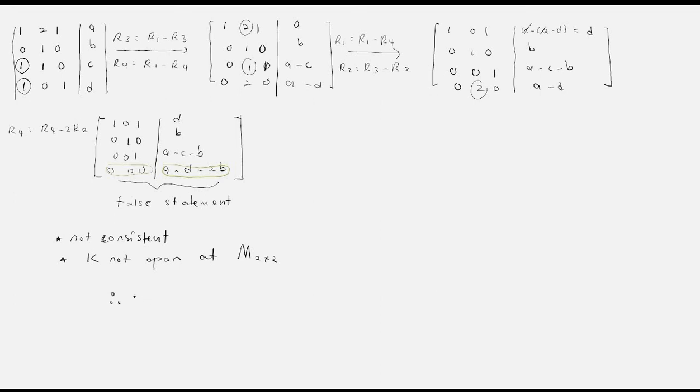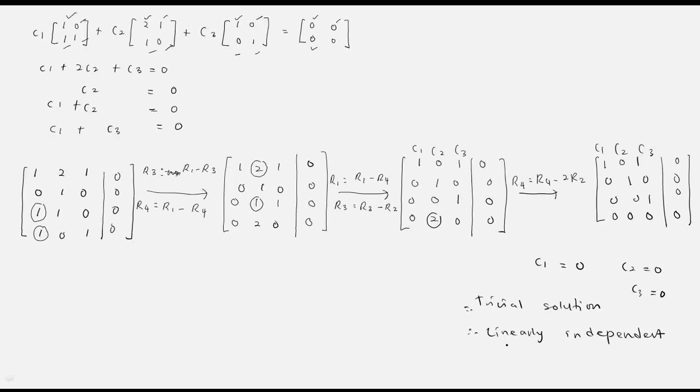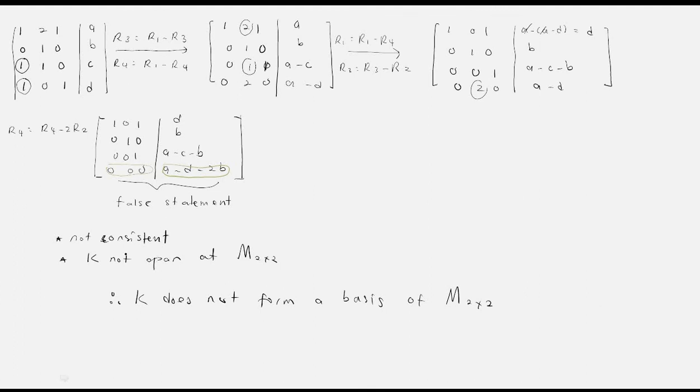Therefore, K does not form a basis of matrix 2 by 2. Okay, even though earlier we checked that the set is linearly independent, however, the set does not span the matrix 2 by 2, so our conclusion, K does not form a basis of matrix 2 by 2.